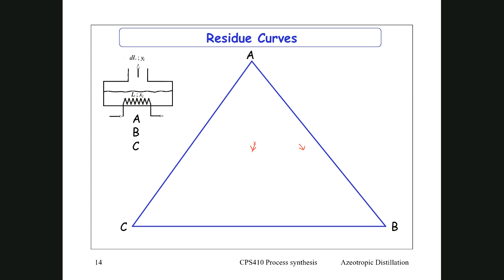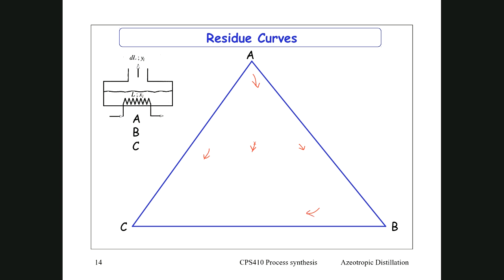Anything that's close to A will have a vector that moves directly away from A. And anything that's over here that's got lots of B in it will move towards C and away from A.